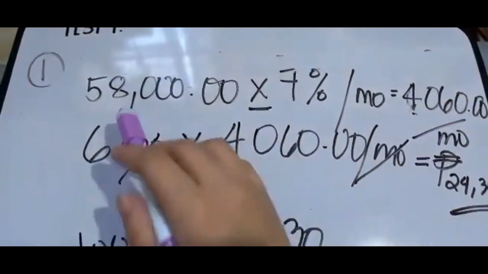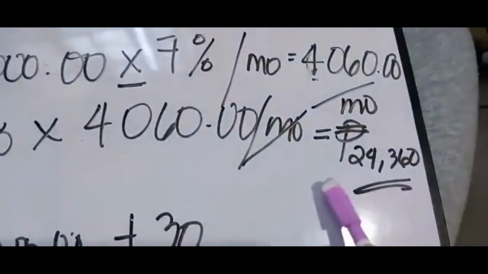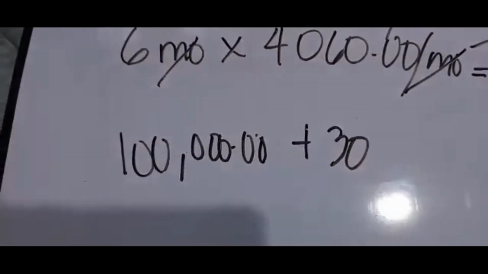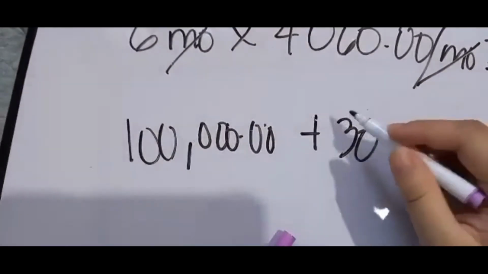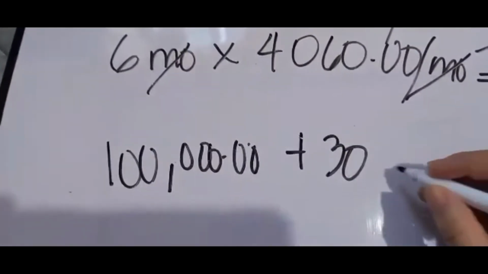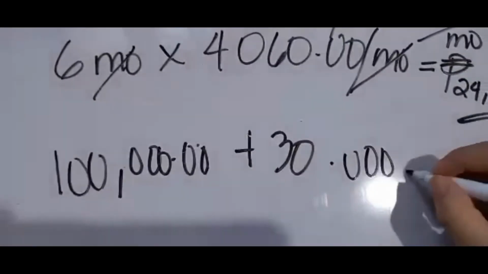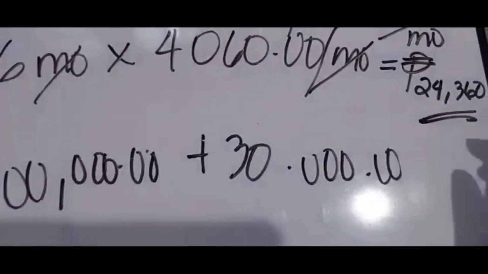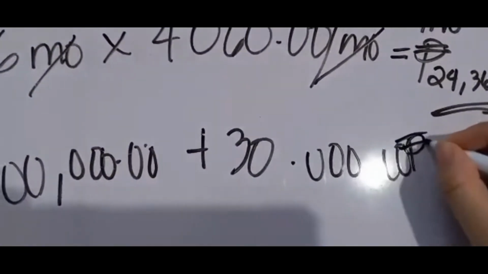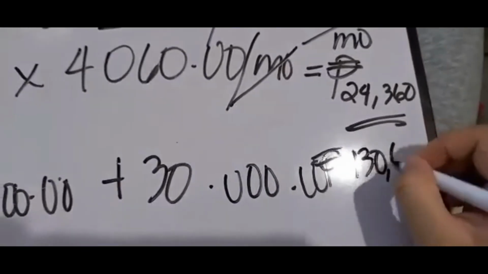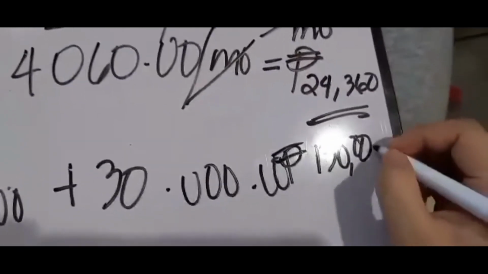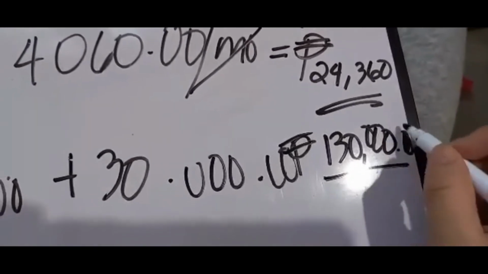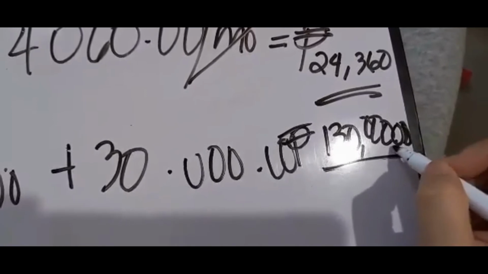Cancel the months again. So it will be 24,360. Next is the 100. We're going to add it, so the answer will be 130.